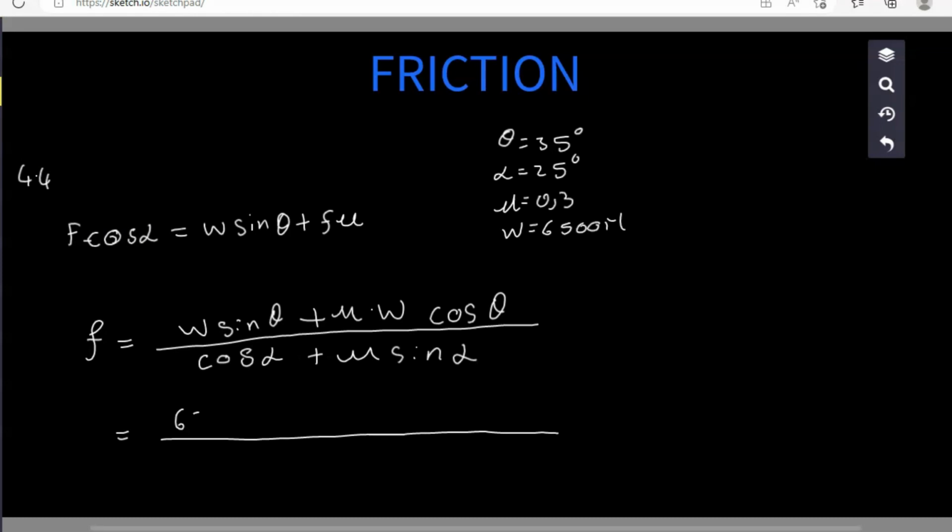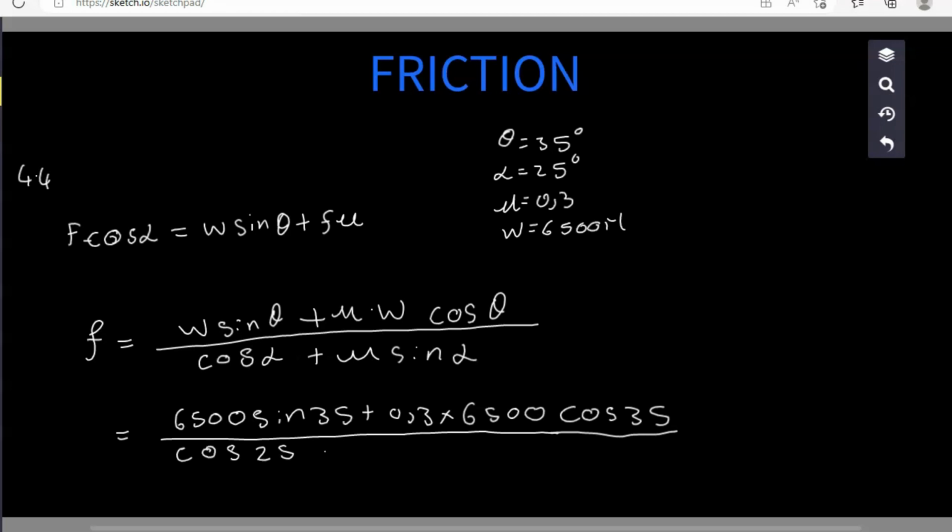W 6500, sine theta 35, plus mu 0.3, W 6500, cos theta 35, cos alpha is what? 25, plus mu 0.3 rather, sine alpha 25.